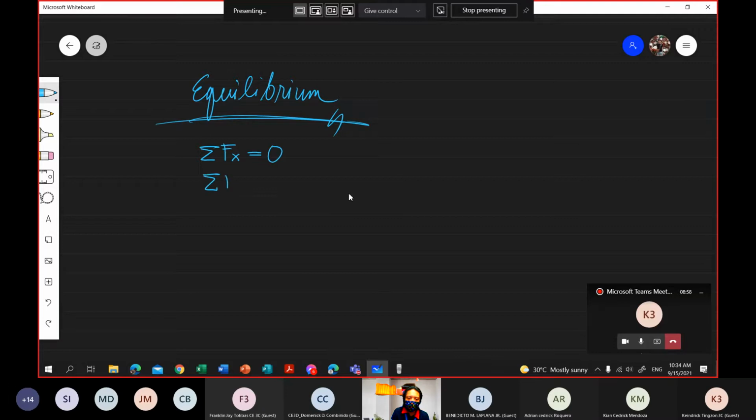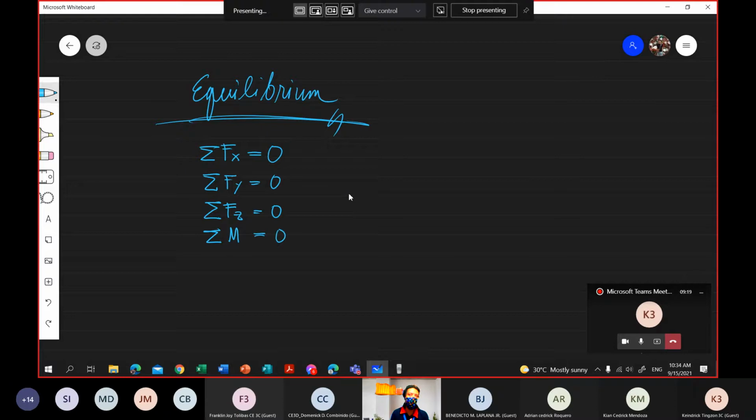The summation of forces along y should also be equal to zero. The summation of forces along z is equal to zero. And of course, the summation of moments at any axis should also be equal to zero.